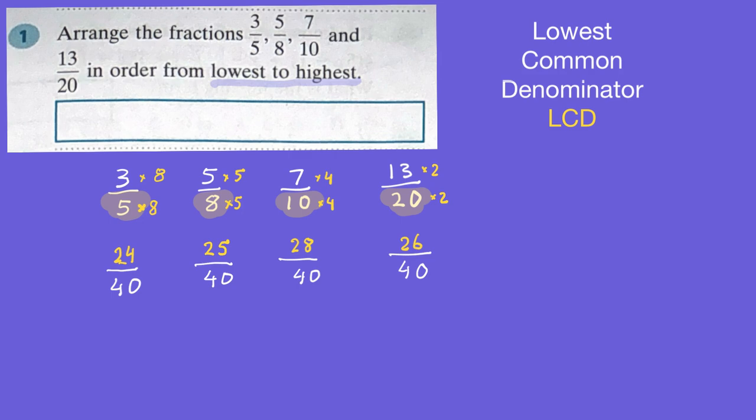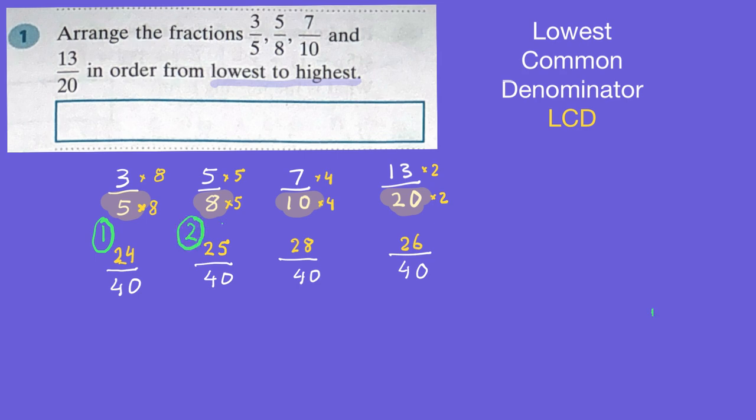Now, because the denominator is the same, all the fractions can now be compared with each other. The lowest number that we're looking for would be 24, so we start with 3/5. That would be the lowest number. The second number is 5/8.